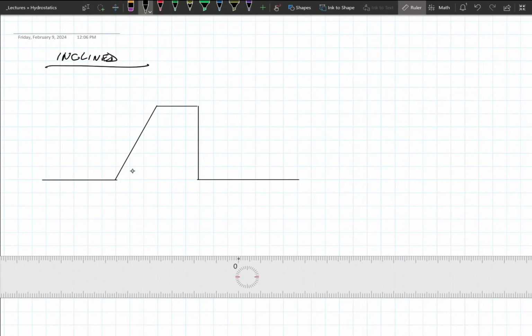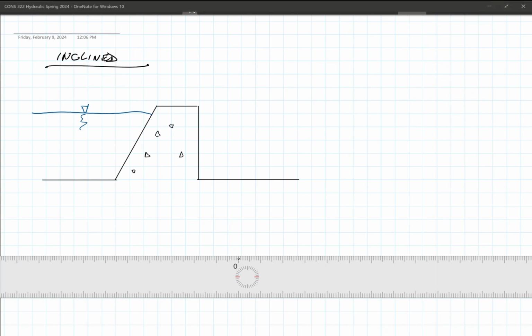So we'll play with concrete, but you can make an earthen dam out of this, other than it wouldn't have a vertical back. But our water is on this side. Okay. All right. Now, oops, get out of there.